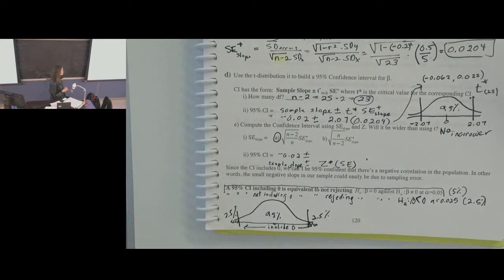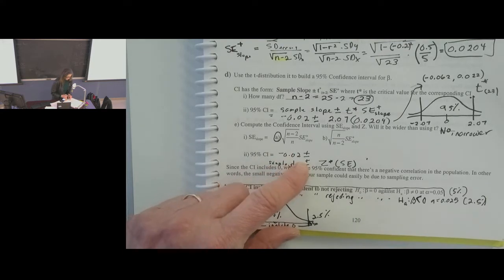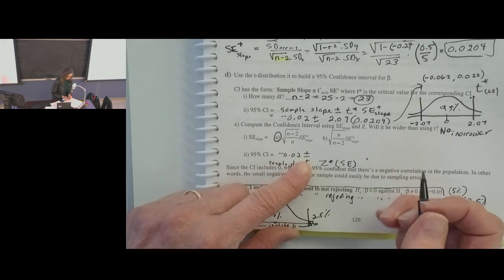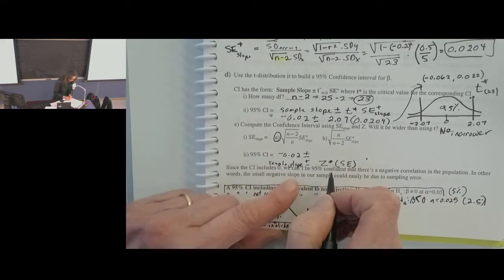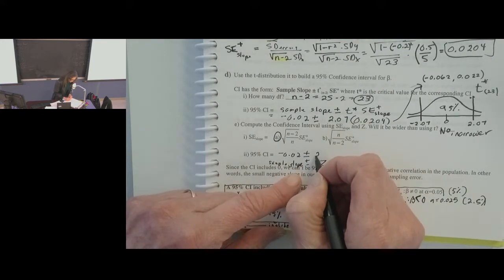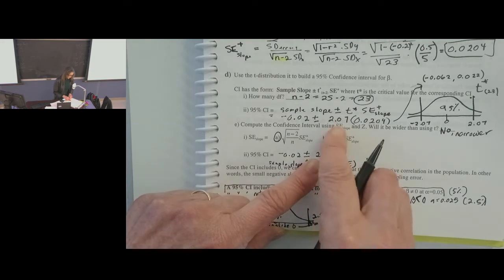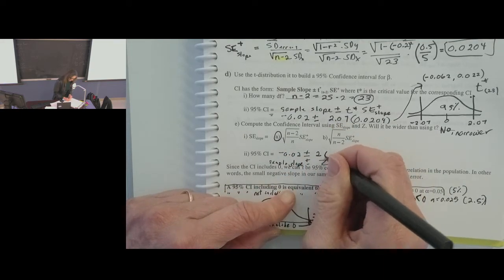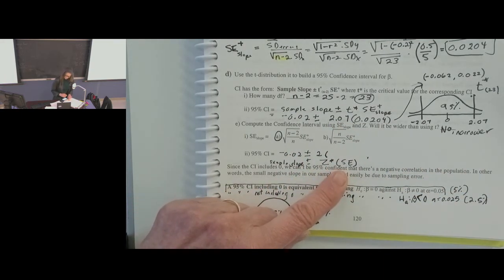That's what we'll do. And you'll see we'll get a narrower confidence interval. We'll see if we still include 0. For 95%, you could use 1.96, but let's just do what we've been doing and use 2. So that's 2 instead of 2.07, and a slightly smaller standard error.